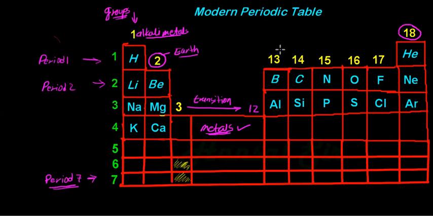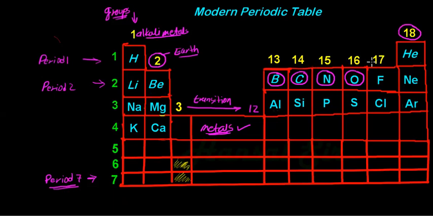Group 13 is known as the boron family because the first element is boron. Group 14 is known as the carbon family because the first element is carbon. Group 15 is known as the nitrogen family because the first element is nitrogen. Obviously, group 16 is known as the oxygen family because the first element is oxygen.